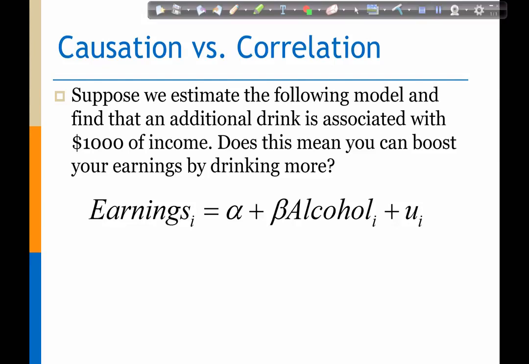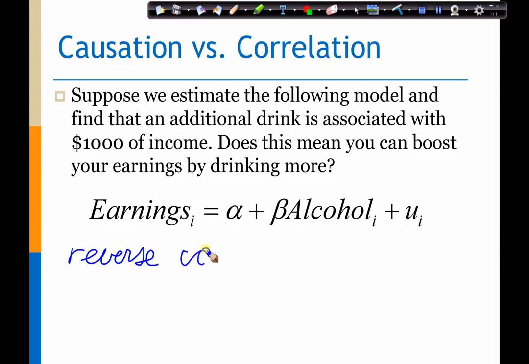I'm going to argue that no, it probably doesn't make much sense, although you might be able to come up with an argument. What I would argue is going on here is something called reverse causation. Basically, earnings affect alcohol?